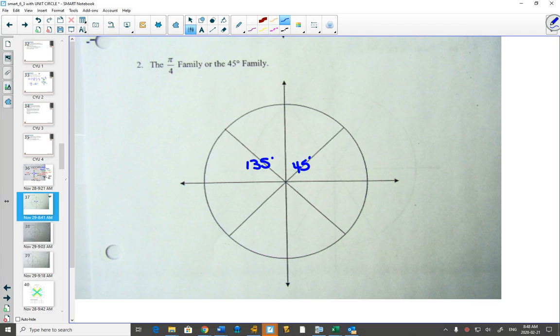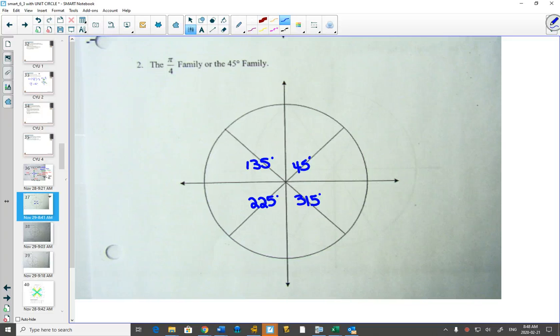The reference angle is 45 degrees. 180 minus 45 degrees would be 135. In quadrant 3, 180 plus 45 degrees, 225. And in quadrant 4, 360 minus 45 degrees, 315 degrees.